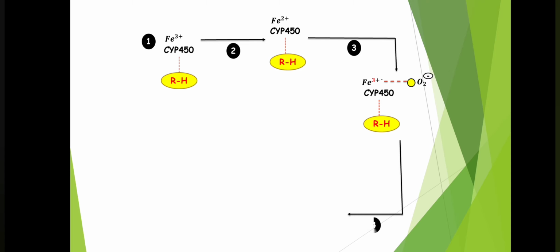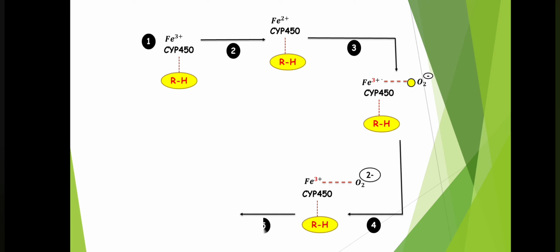Next, the fourth step is similar to the second step, because here also NADPH is transferring an electron, but this time the electron is not accepted by iron, but rather by the oxygen molecule to form an O2 2- type of compound.